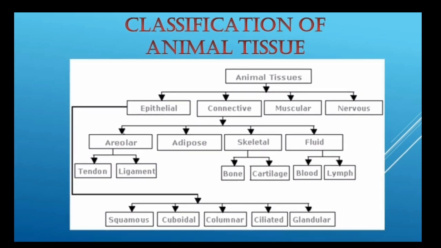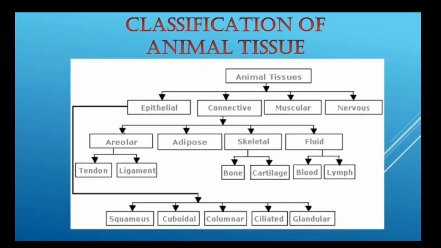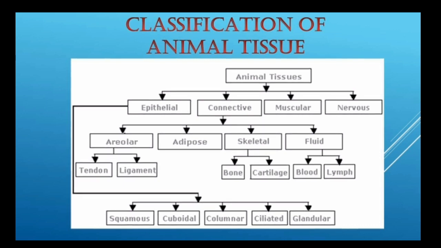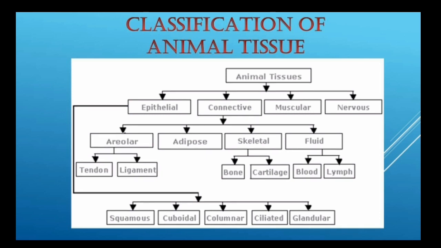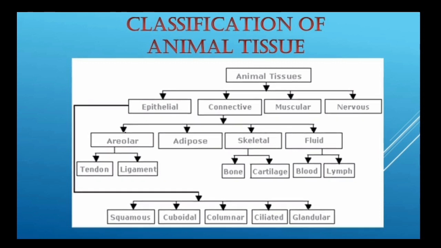This areolar tissue, which is a part of connective tissue, is again divided into two types, that is tendon and ligament. And again this skeletal tissue, which is also a part of connective tissue, is again divided into two types, that is bone and cartilage. Whereas this fluid part, which is a part of connective tissue, is again divided into two types, that is blood and lymph.